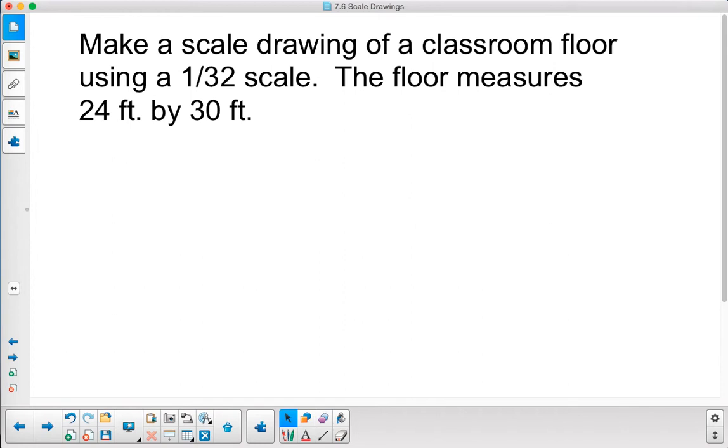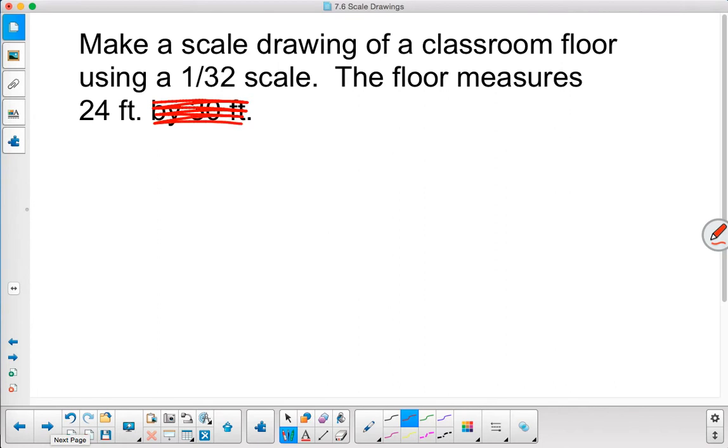So right here we have two measurements to work with, and we're going to have two problems. I'm going to ignore the 30 feet right now and just work with the 24 feet measurement the first time. So to do our proportion, 1/32 equals how much over 24 feet?